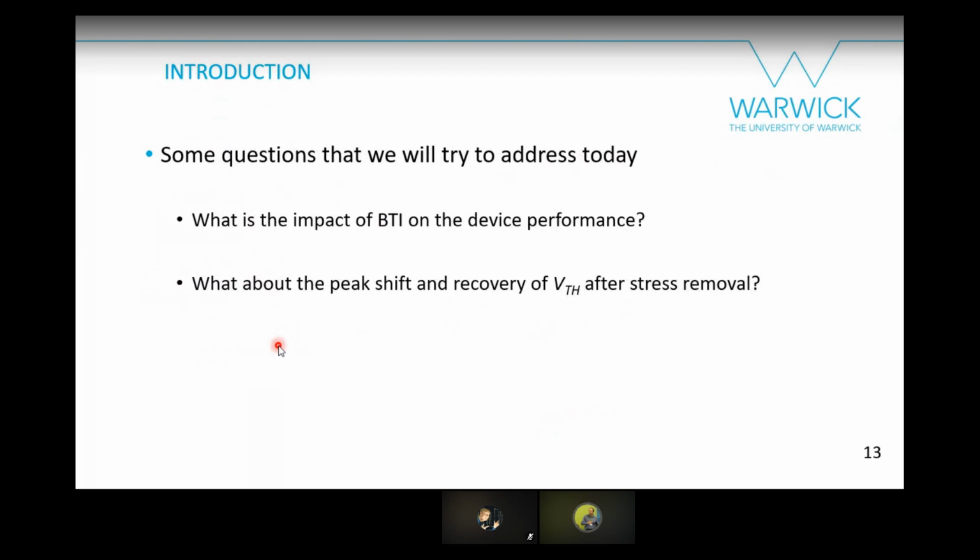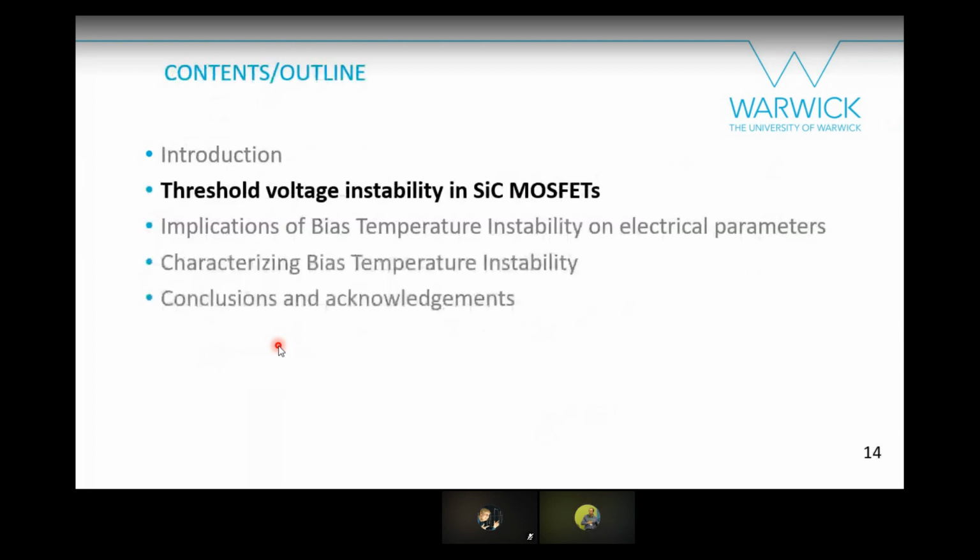So some questions that we'll try to address in this webinar are: what's the impact of BTI on the device performance? And what about the peak shift and recovery of BTI after stress removal? Can we characterize that? Can we understand what's going on? So those are two questions that we will try to address in this webinar.